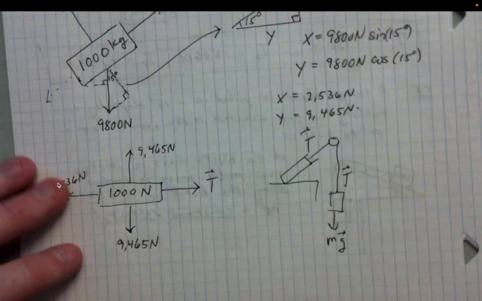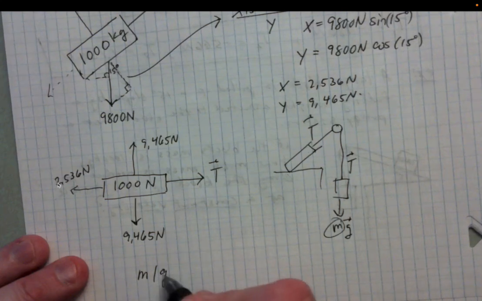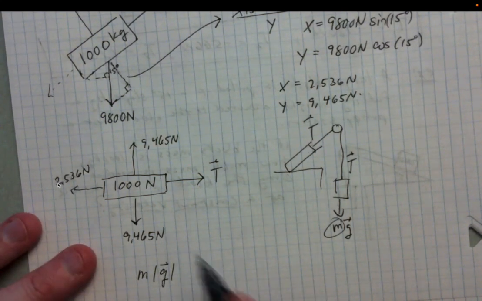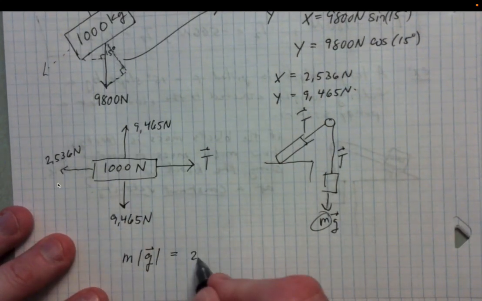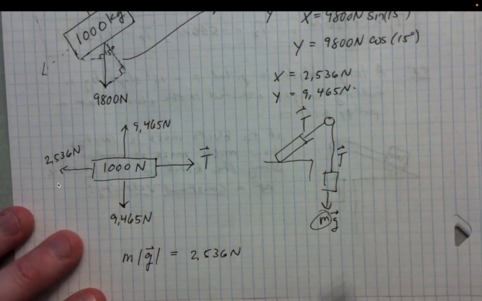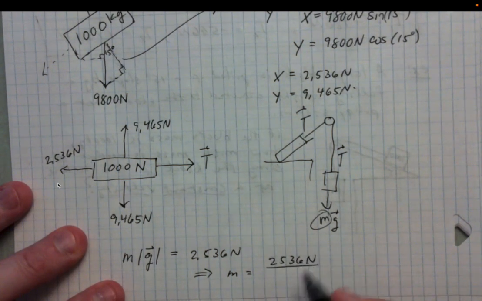So what we need to figure out, remember, is what mass of the weight is required to keep this block moving at a constant speed. So really what we can say is m times g, the gravitational acceleration, needs to equal this piece here, 2,536 newtons. And so we can easily answer that: m equals 2,536 newtons divided by 9.8 meters per second squared.